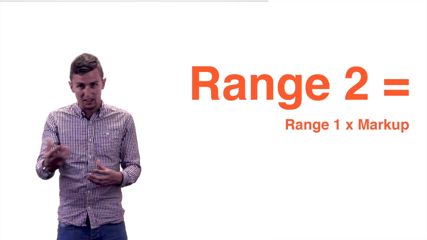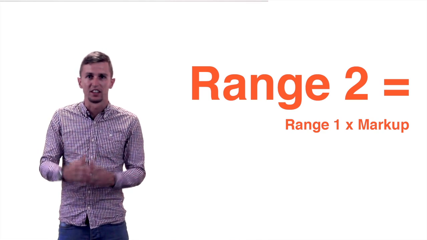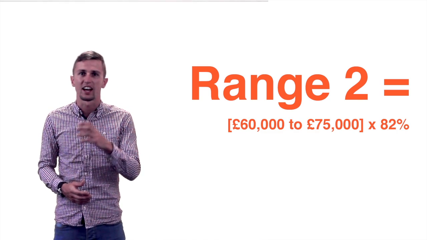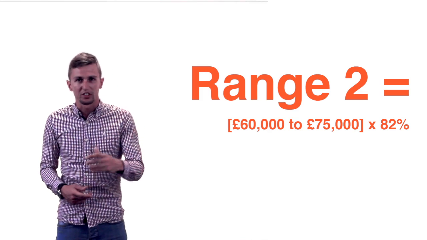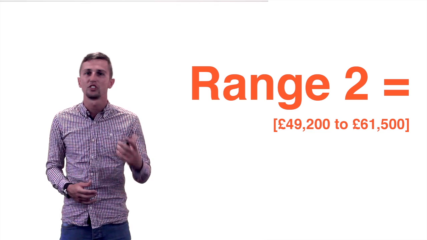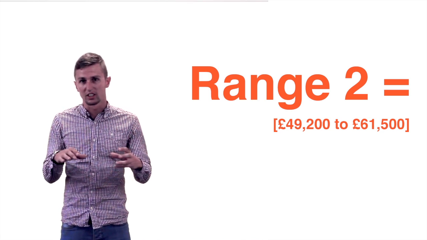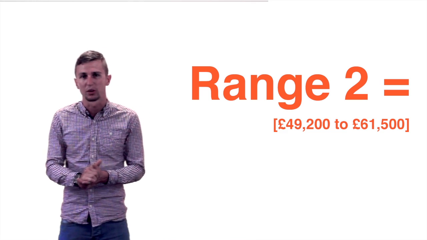And all you're finding out is that percentage figure, that markup figure, of the first two numbers. So in this case, you're finding out 82% of £60,000 and £75,000, which comes out this time as 49,200 to 61,500. So it's nearly the end of the range, the marketing budget that we're going to end up with.